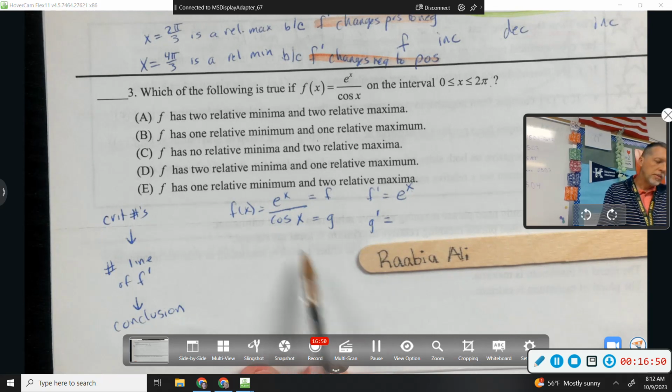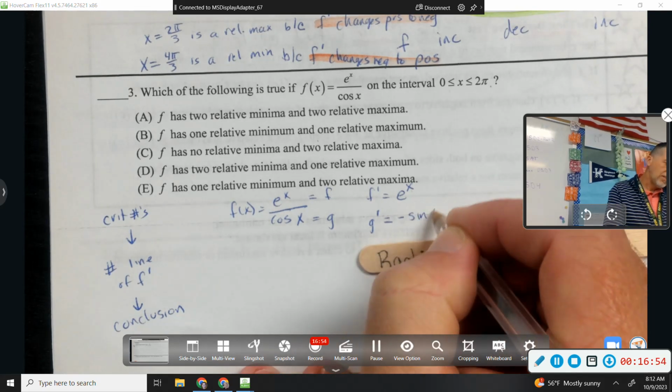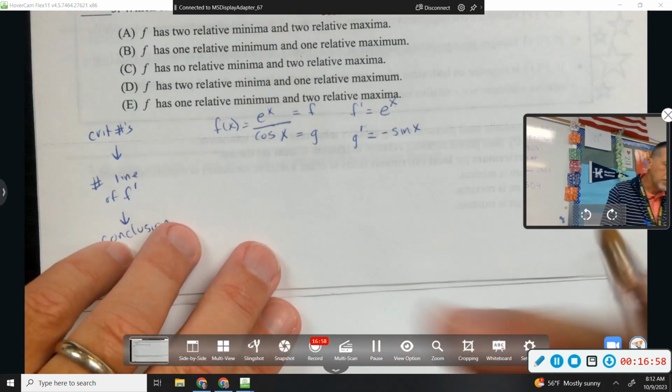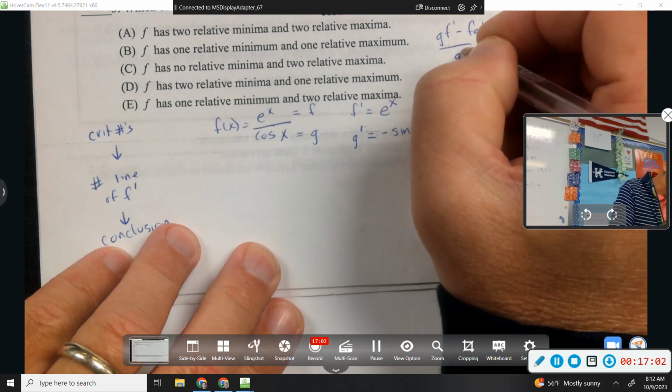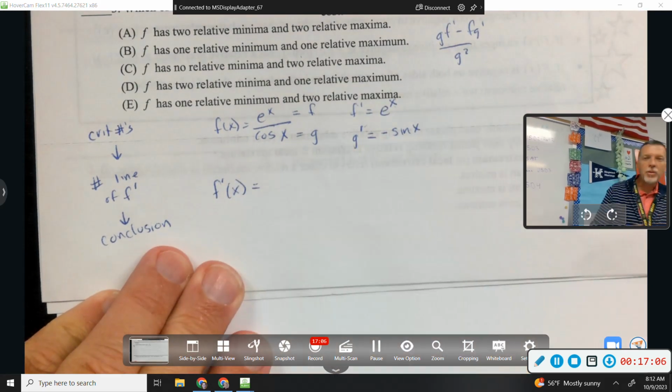Rabia, how about the derivative of cosine? Negative sine of x. Okay, so put them together. Let's see, gf prime minus fg prime over g squared. There's still a few people getting that backwards. People not putting their gf first.